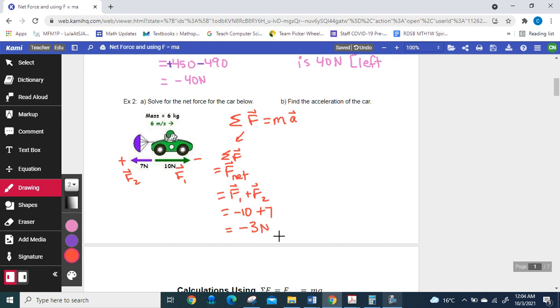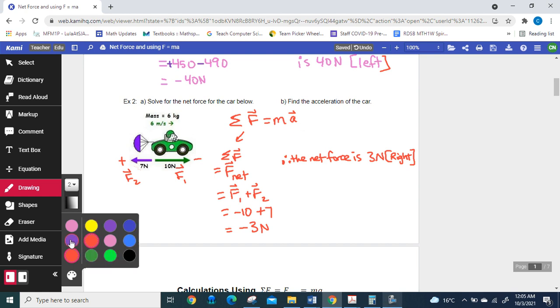And we end up with negative 3 newtons. So therefore, the net force is 3 newtons. And in this case, negative means to the right. Okay. So now when we want to find acceleration, we now have a net force, so we can now use F equals ma. Okay, good.